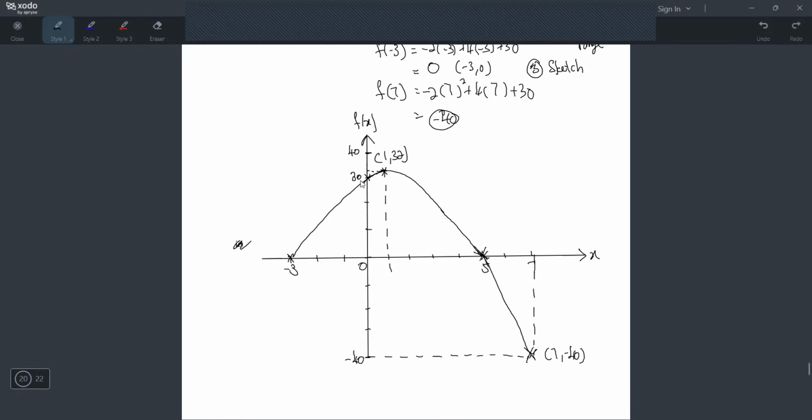Okay. Passes through this point. Okay, let's do again. Yeah, I think good enough, right?